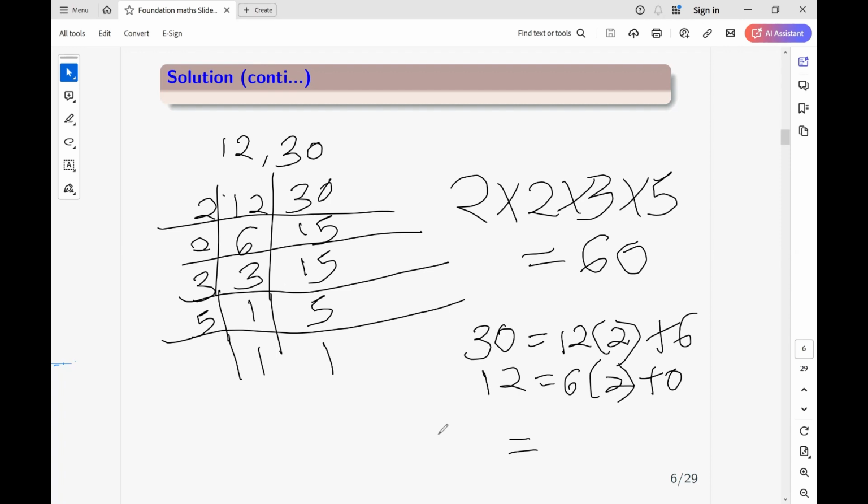So our GCD is 6. Now we have M and N as 12 and 30, the LCM is 60, and the GCD is 6.